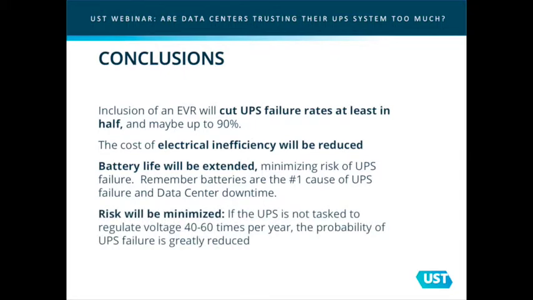When any data center design engineer or end user looks at the construction of a data center, obviously a key element is they want to minimize risk. So they're going to look at cost versus risk exposure. And if we can eliminate the need for the UPS to address 40 to 60 events per year, we believe we're going to minimize risk to some degree.